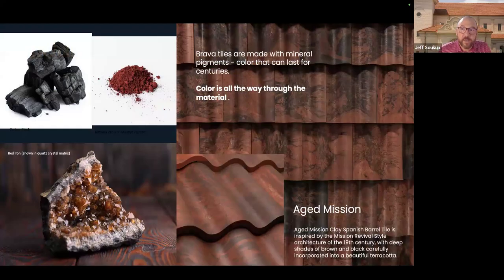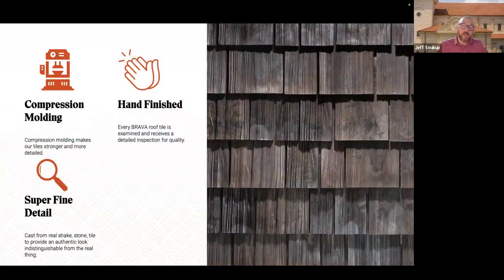So here's just a little slide talking about our mineral pigments. What separates us from a lot of other synthetic manufacturers? We are sand casting our natural materials, so your slate, shake, and Spanish tiles. We are using those sand cast molds in compression molding. This creates our authenticity.